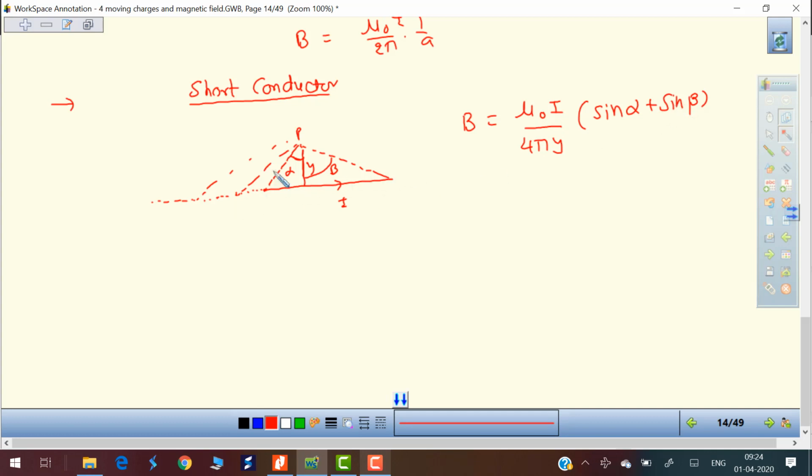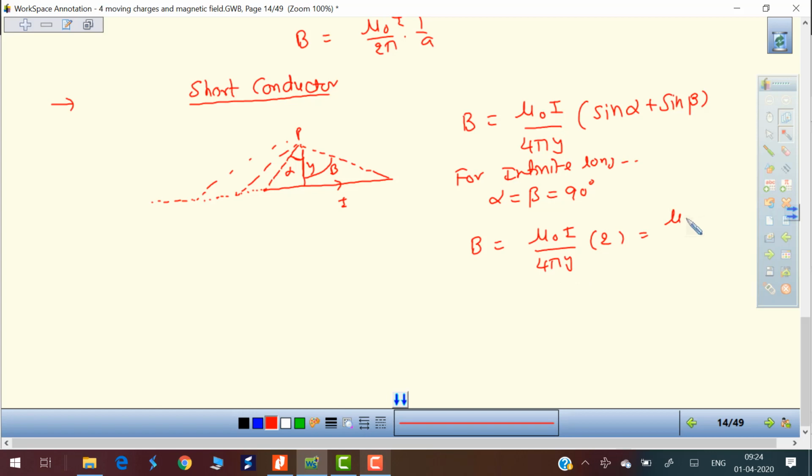So if it is infinite, then it becomes long. So alpha is equal to 90, beta is equal to 90. And if you put it for infinite long, B is equal to mu 0 I upon 4 pi y into 2.